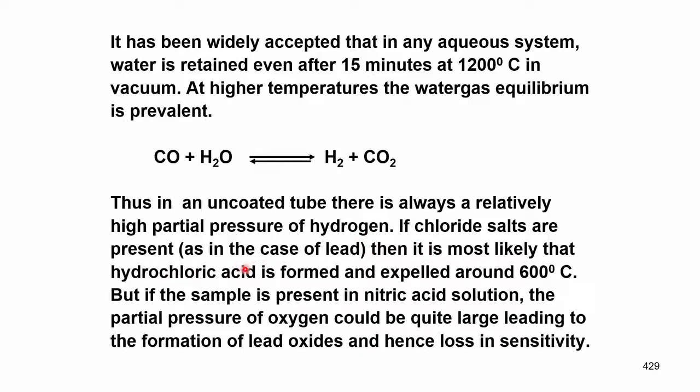So, suppose there are chloride salts, for example, you want to determine lead in silver, lead in sea water, then chances are that lead will be present as lead chloride.